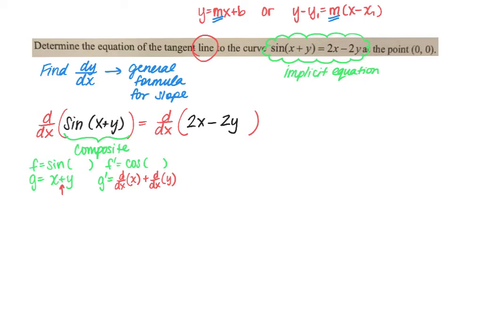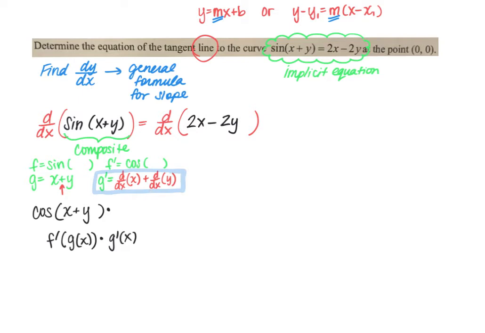On the left-hand side, we're going to do the chain rule. The chain rule says we take the derivative of the outer function, which is cosine of something. What we put inside of this function is the original inside, which is x + y. This is the derivative of the outer evaluated at the inner, that's f′(g(x)), the first part of the chain rule. And then we have to chain on the derivative of the inner, the derivative of g.